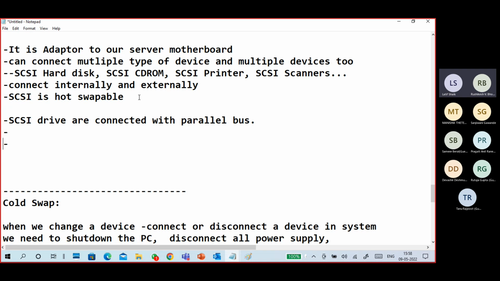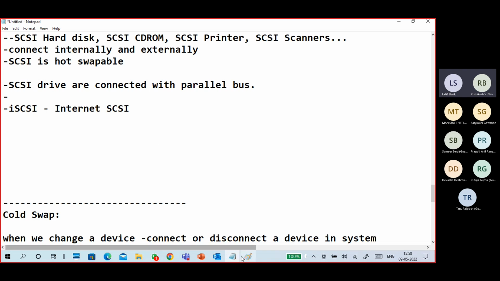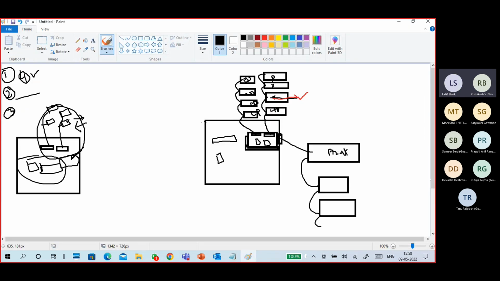The next type of disk is iSCSI. The next concept is iSCSI, which means internet SCSI. I'll try to explain what it is. Guys, look here. This is normal SCSI.